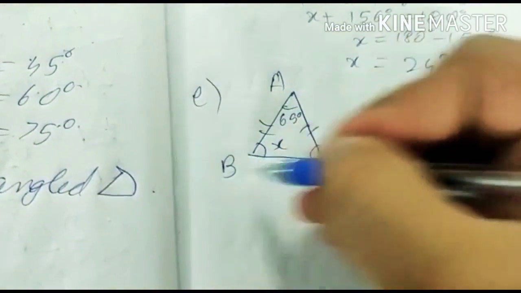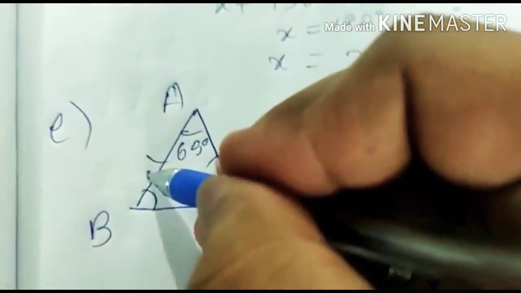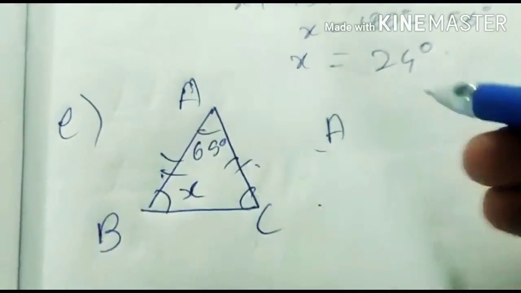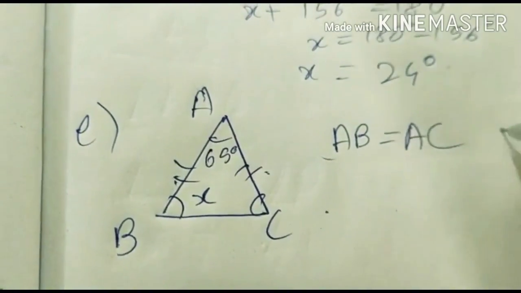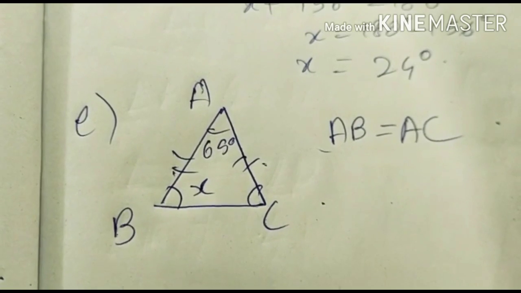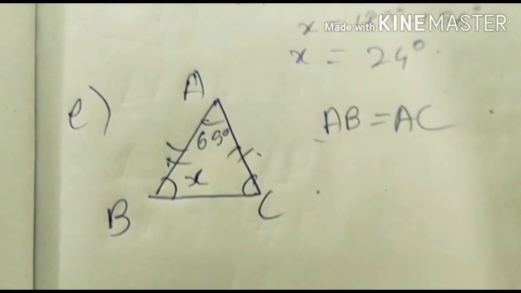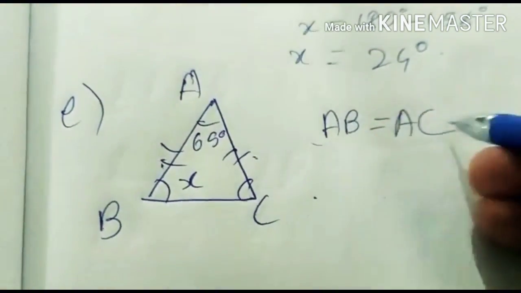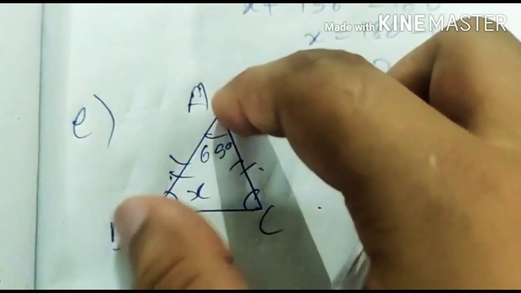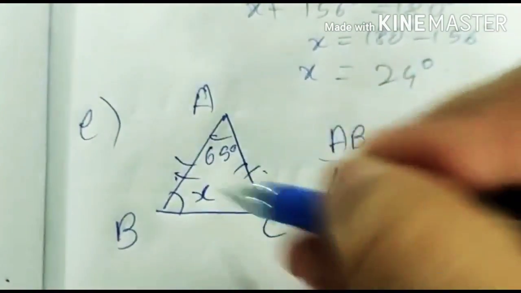Here these are double dash. Double dash means these are equal, meaning AB is equal to AC. If two sides are equal, then this is an isosceles triangle, and in an isosceles triangle, the angle opposite to AB is angle C, and the angle opposite to AC is angle B.